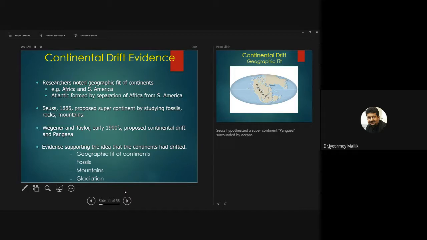So Suess, a very famous philosopher and scientist, proposed a supercontinent by studying fossils, rocks, and mountains. So, what did they study in fossils, rocks, and mountains? I'm going to talk about it in a moment. But this was the first hypothesization of plate tectonics by thinking about continental drift, that the continents were together and perhaps have been separated.